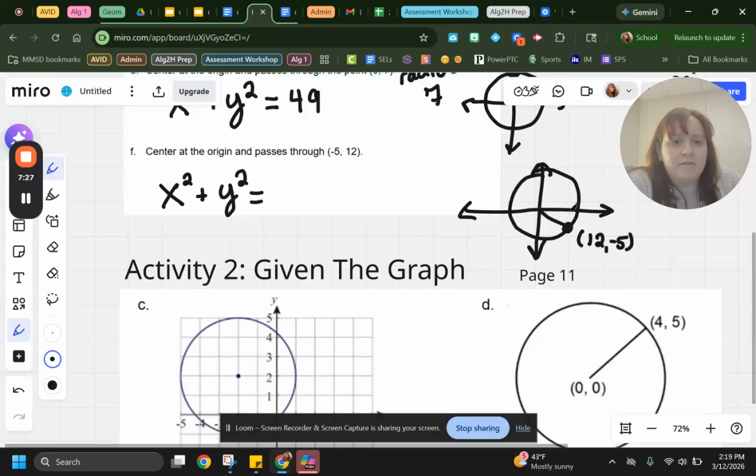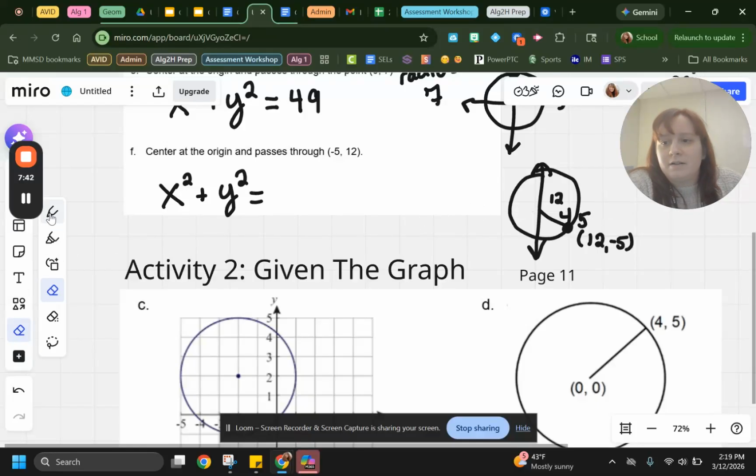This distance I can find using the Pythagorean theorem. My x value is 12, that's my distance here, and I have a vertical difference of 5. So this is a nice right triangle here. I'm going to have to use my Pythagorean theorem. I'm going to go ahead and erase some things here, just that way I have a little bit more room.